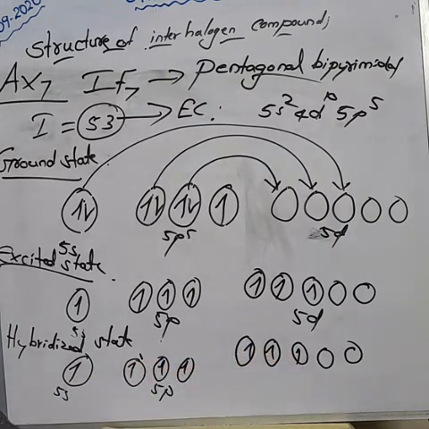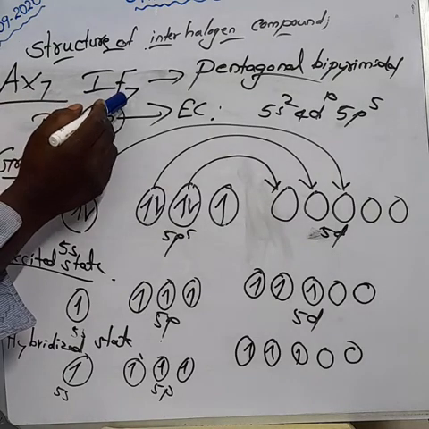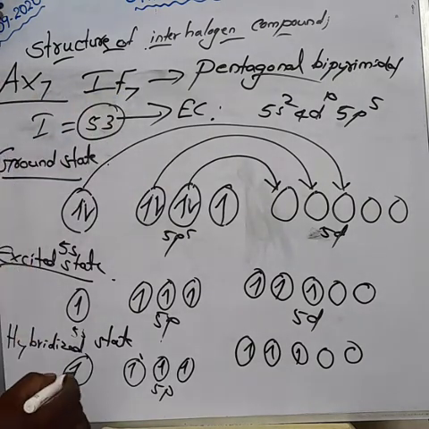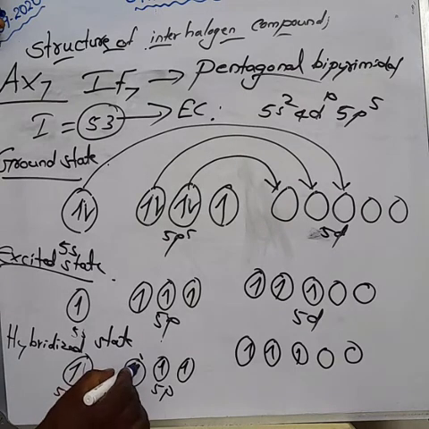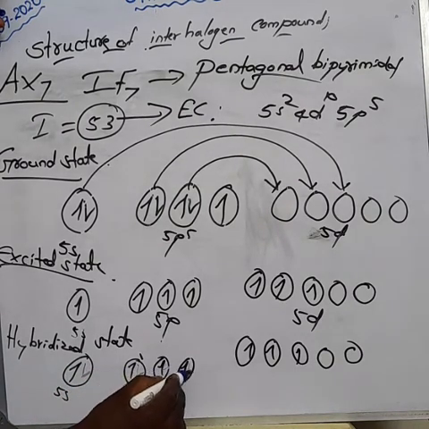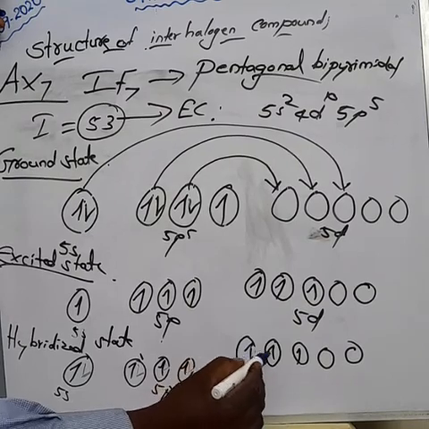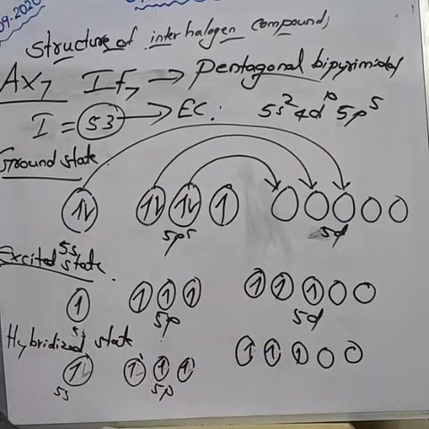Now 7 fluorine atoms are attached there. That is 1 hybridized, 1, 2, 3, 4, 5, 6, and also 7.